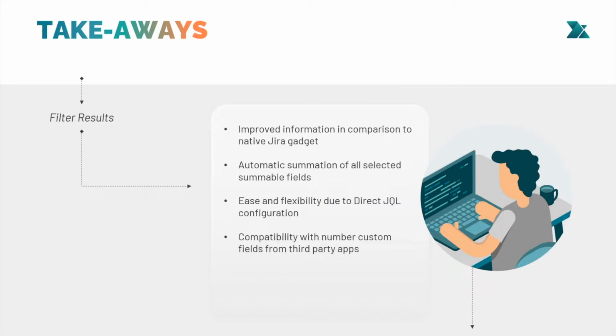It's also very easy and flexible to set up, because if you pick the direct JQL, you can adjust it much easier later on. And as we could see with the blocked issues field by our smart fields, this is also compatible with custom fields provided by third-party apps, if those are number fields, or return some text that has numbers.